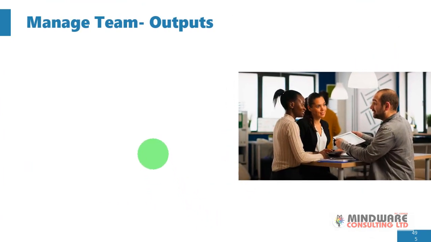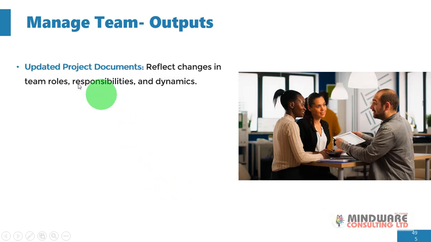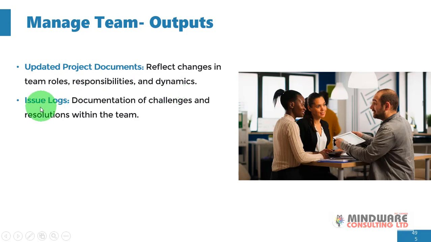So what are the outputs from this process? Updated project documents. This reflects changes in team roles, responsibilities, and dynamics. Issue logs. These are documentation of challenges and resolutions within the team. And this is important, all right?